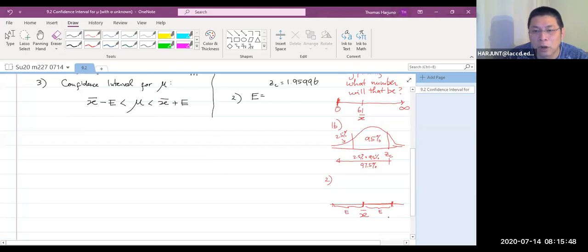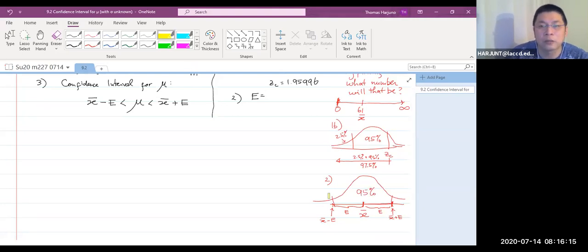So our final confidence interval will be X bar plus E as the upper fence and X bar minus E as the lower fence, such that we create a new, non-standard normal distribution with, quote-unquote, 95% probability that the mu will be in this interval.